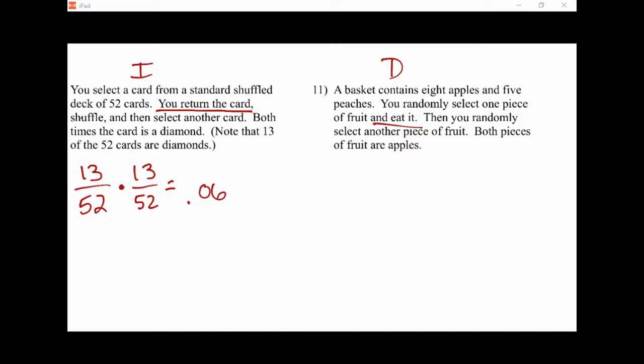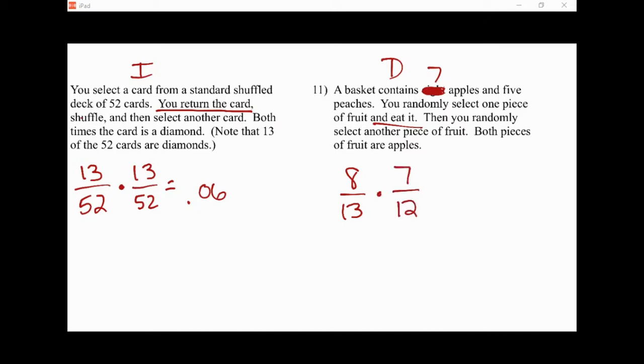So the probability of getting an apple the first time is 8 out of 13, because there are 8 apples and 13 total pieces of fruit. We're going to assume that we did get an apple the first time, so that 8 changes to 7. So the probability of getting an apple the second time is going to be 7 out of 12.